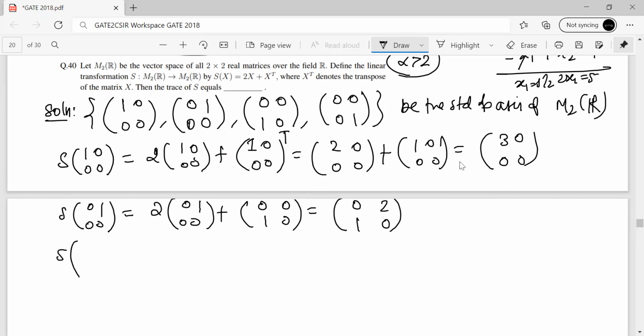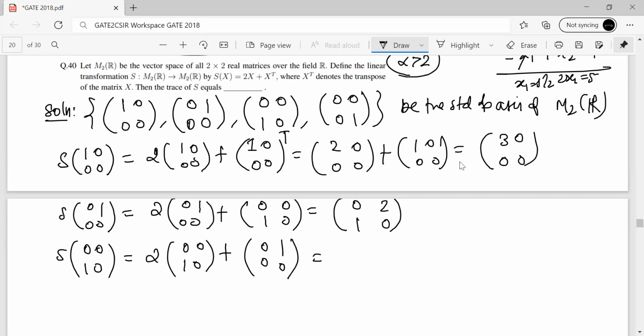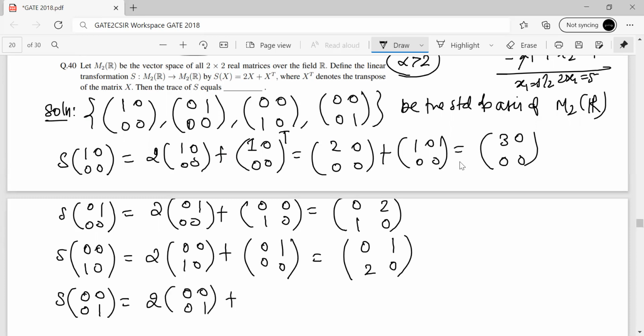S of 0 0 1 0 will give me 2 times 0 0 1 0 plus the transpose, which will be 0 1 0 0. So that again gives me 0 1 2 0. And then S of 0 0 0 1 will give me 2 times 0 0 0 1 plus the transpose of this matrix, which will be 0 0 0 1.